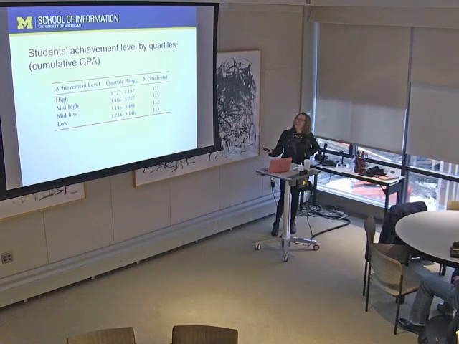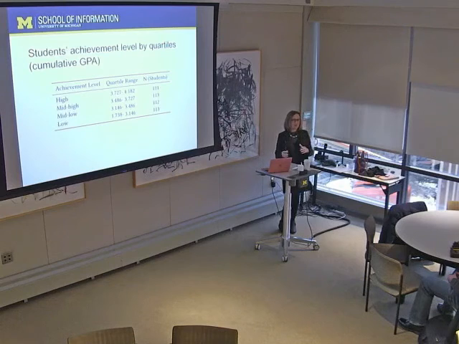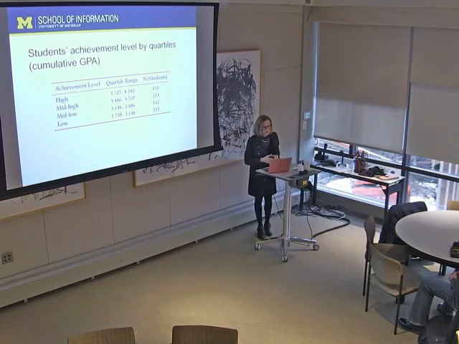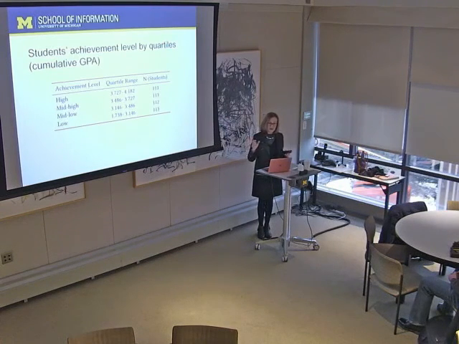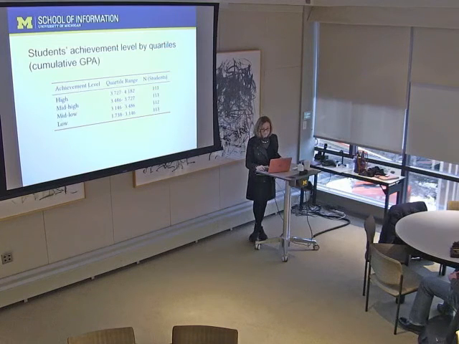Mid-high are still B plus to B plus, and B to just not quite B plus, and then everybody else. But again, you divide them into quartiles, so you have these equal groups. So we can call them high, mid-low, and low performers.